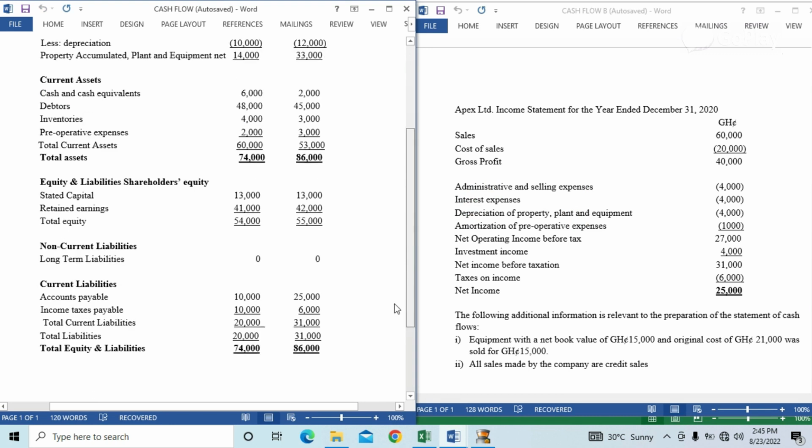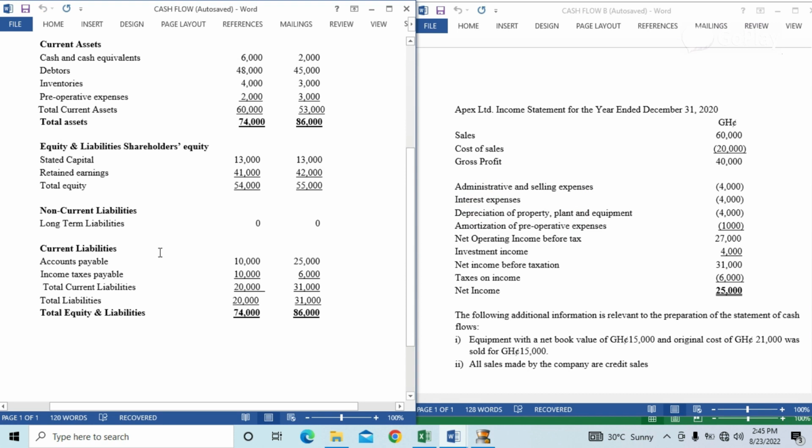So on the screen here, you can see under current liabilities, the first item is accounts payable. The accounts payable is basically our creditors. That's another name for referring to our creditors. So accounts payable, 2019 the figure was 25,000. Then 2020 the figure was 10,000.